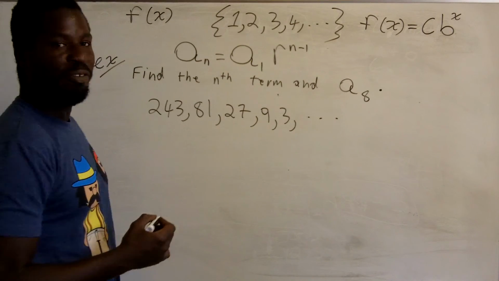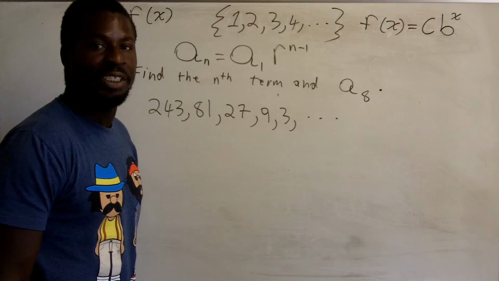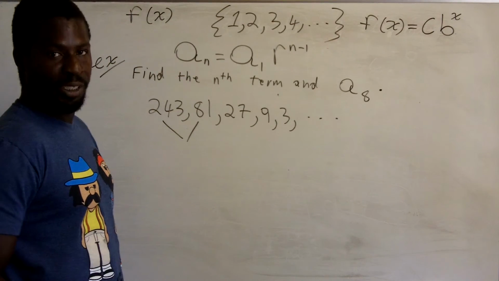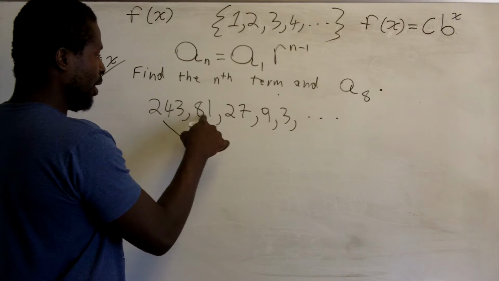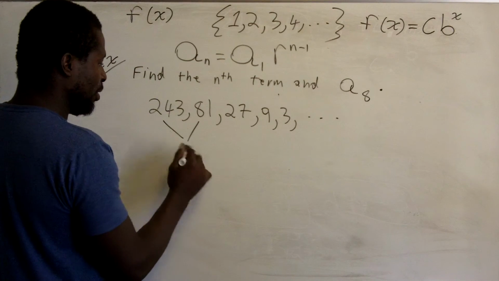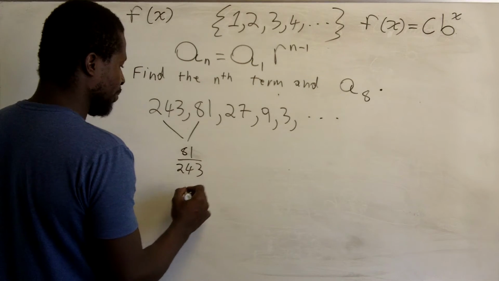What you want to do is find the common ratio if you know that the sequence is geometric. Well, actually, finding a common ratio proves that the sequence is geometric. If you take the ratio of those consecutive terms, 81 over 243, you get 1/3.